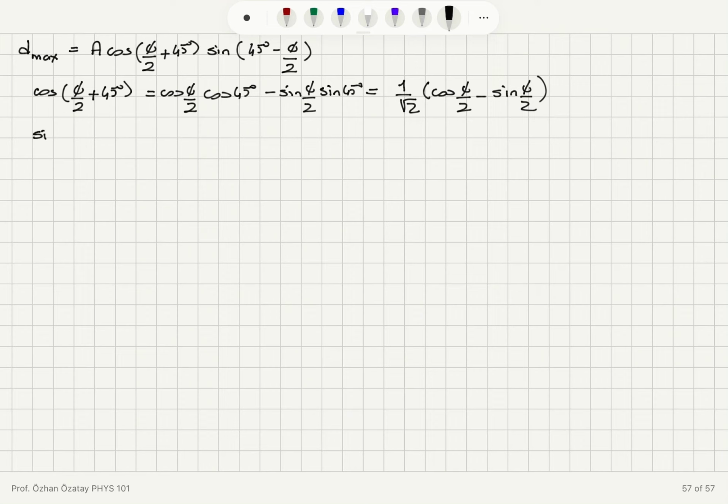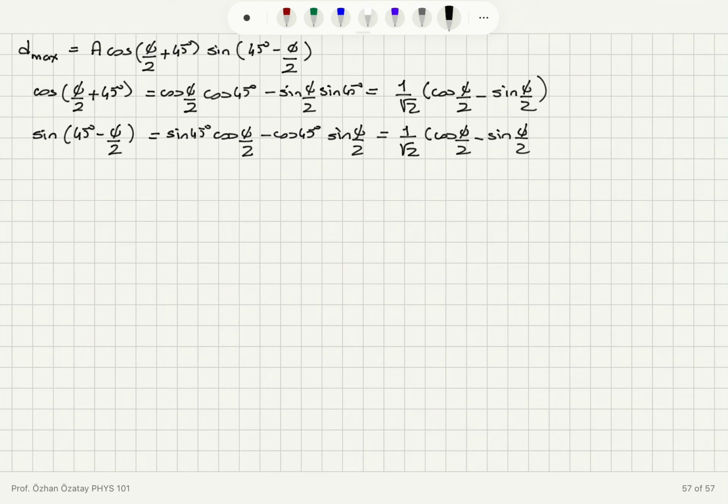If I look at sine of 45 degrees minus phi over 2, it is sine 45 cosine phi over 2 minus cosine 45 sine phi over 2, which is again 1 over square root 2 times cosine phi over 2 minus sine phi over 2.